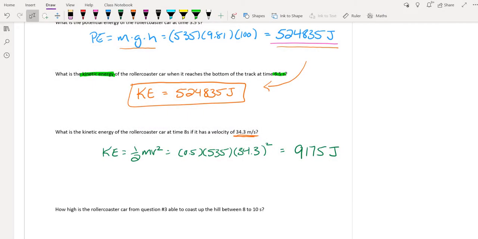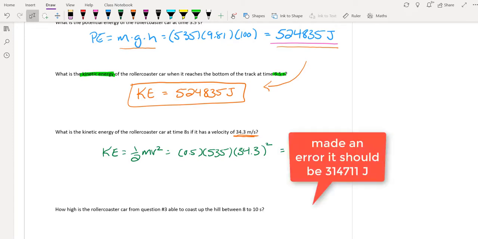To answer this question, we had to recall what the kinetic energy formula was, which is equal to 1/2 mv squared. And we plug in the values for the mass and the velocity, hopefully came up with kinetic energy is 9,175 joules.